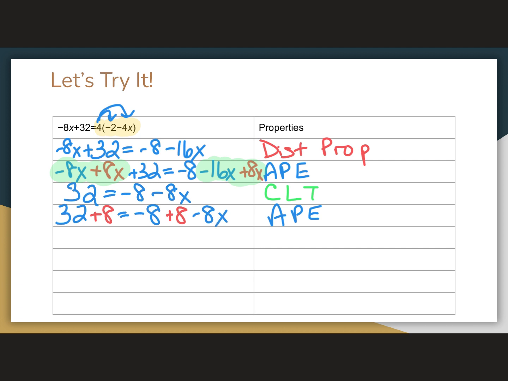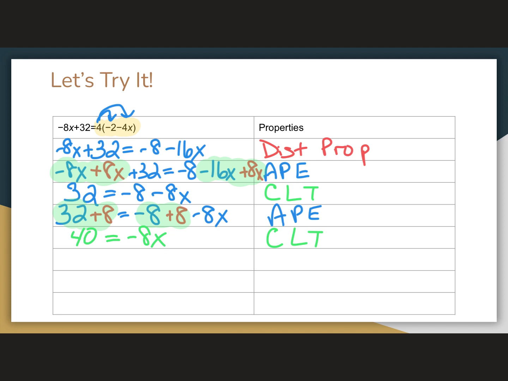So again, I'm going to combine like terms. Here I have a negative 8 and a positive 8. Here I have a 32 and an 8 I can combine. So 32 plus 8 gives me 40 equals negative 8 and 8 cancel. So I'm left with negative 8x when I combine my like terms.